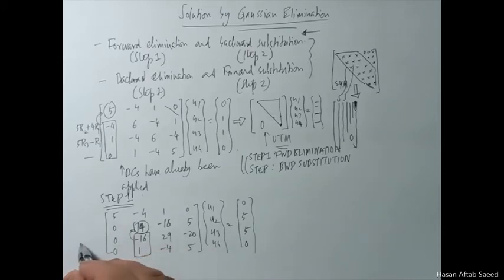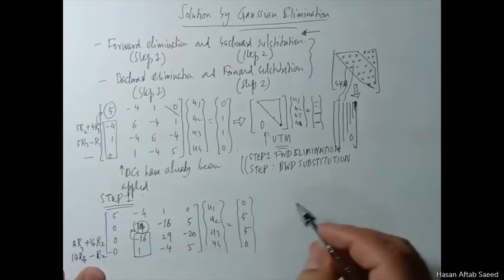So 14 R3 plus 16 R2: if this multiplies by 14 and then we add 16 multiplied by this, it will become 0. Similarly, what will make this 0? 14 R4 minus R2. This also becomes 0. But we have to apply this across the board.